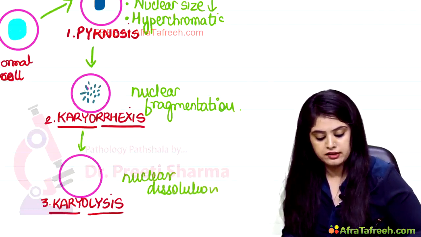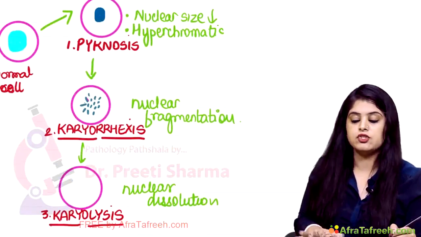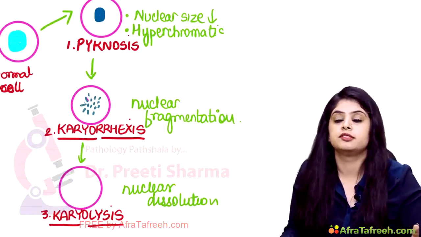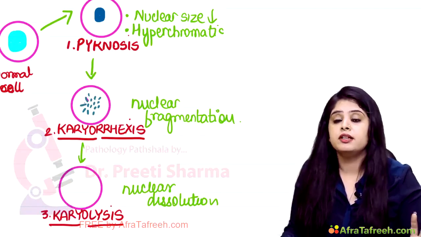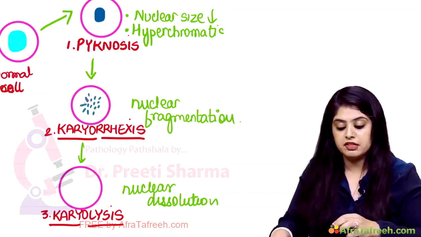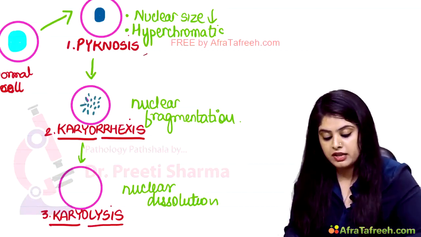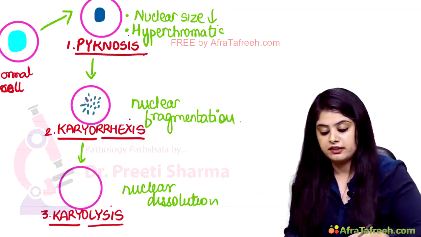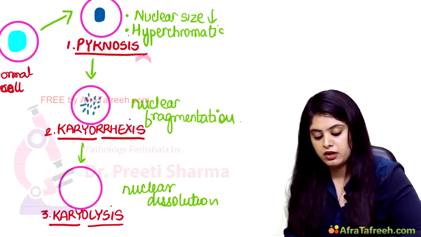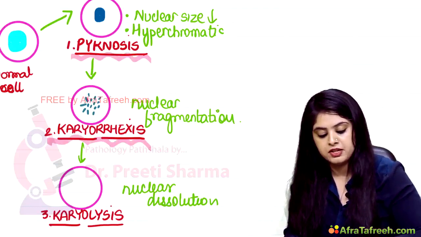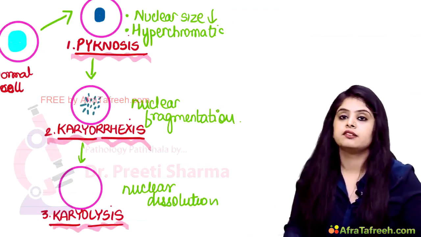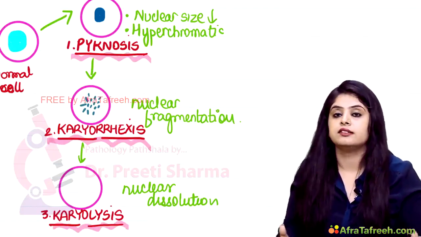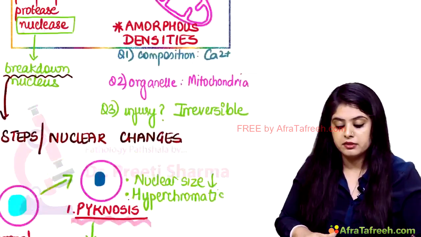So now if you are asked about the nuclear changes that take place in irreversible cell injury, you need to remember this particular order. That is, we have pycnosis, then there is karyorhexis, and then there is karyolysis. On this order particularly, you have been given questions many a time. Pycnosis, karyorhexis and karyolysis.